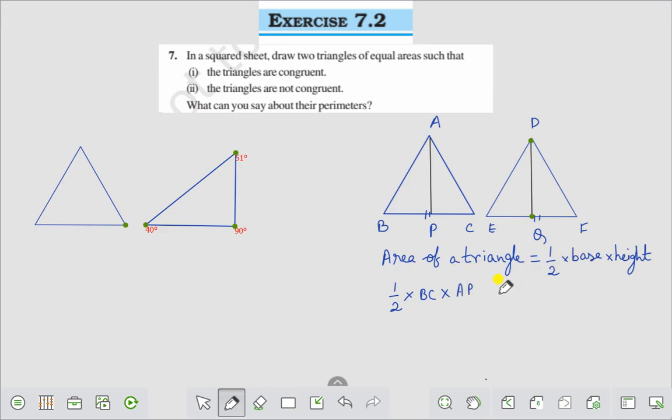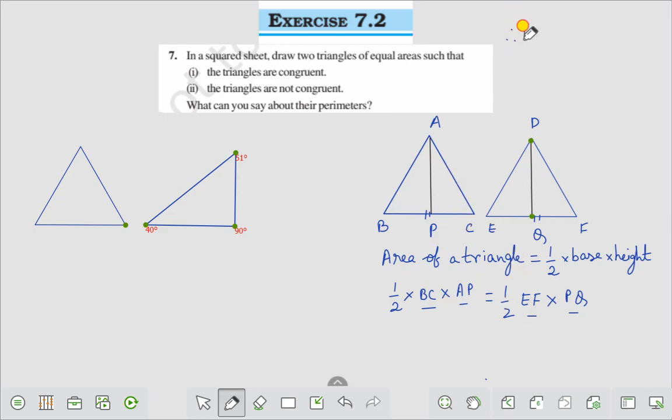And in this case, the area of this triangle is equal. Why is it equal? Here it is half into BC, which is equal to EF, and also we have taken the height as same, that is AP is equal to PQ. Therefore we say that the areas of both the triangles are same.